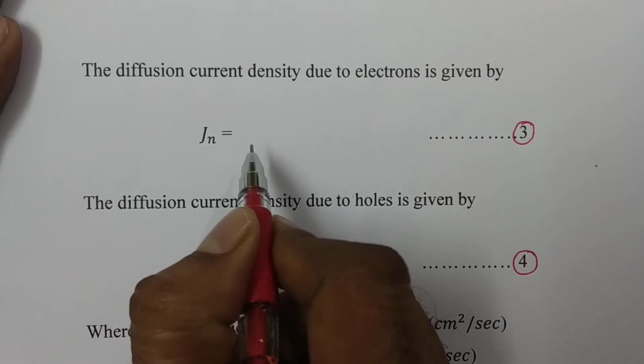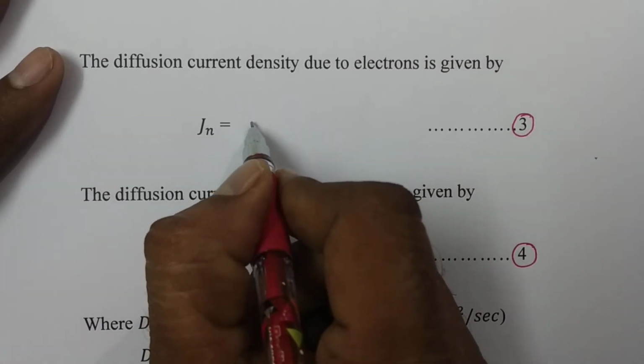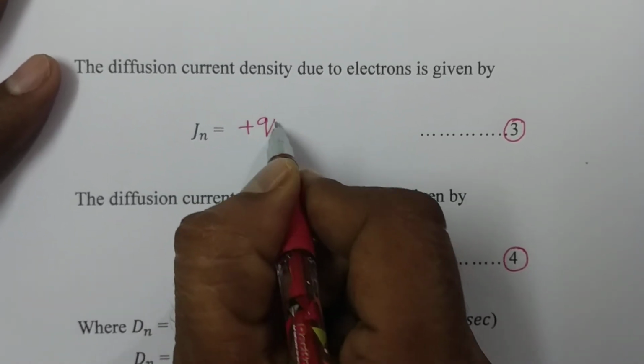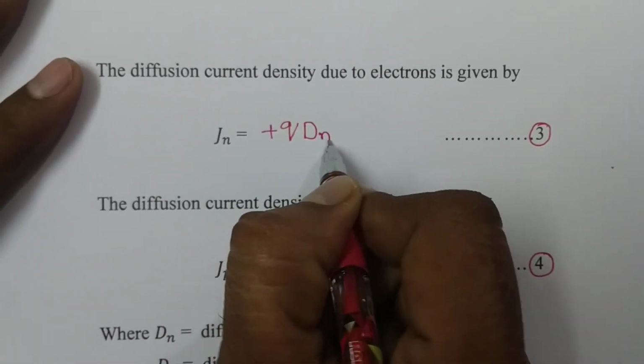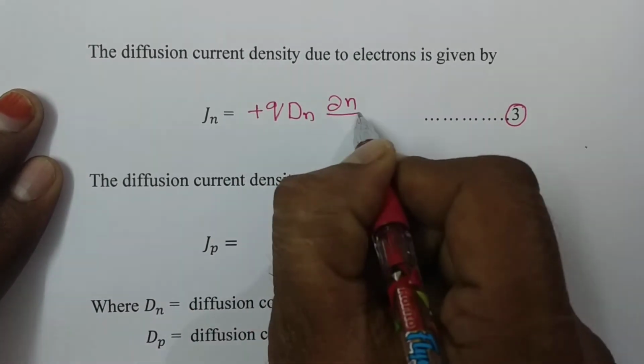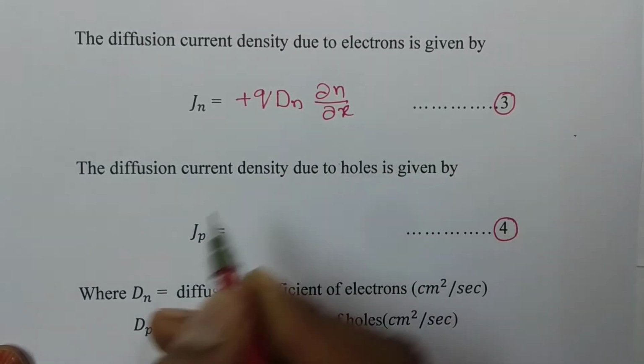The diffusion current density due to electrons is given by Jn = +q Dn ∂n/∂x, equation 3.